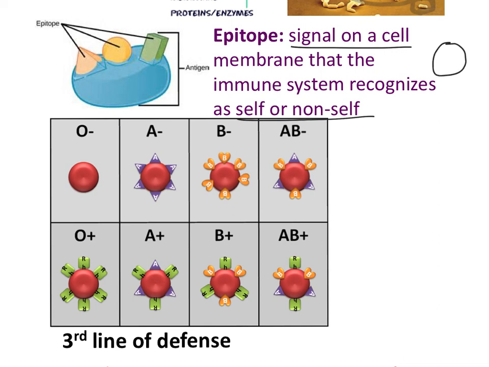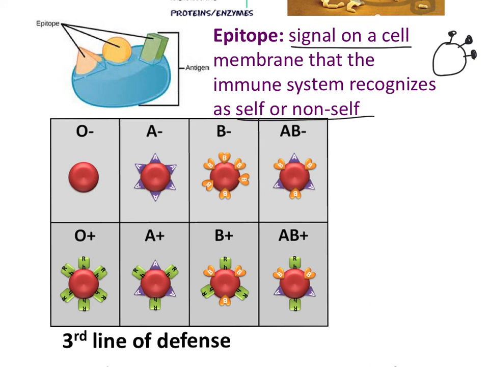That cell membrane allows things in and out of the cell. It also has a whole bunch of proteins on it, and those proteins might be receptors, they might be channels like tunnels, they could be pumps to get things in and out of the cell. Some of those proteins can also be used as epitopes, meaning they're little shapes that the body uses to identify as belonging or not belonging.